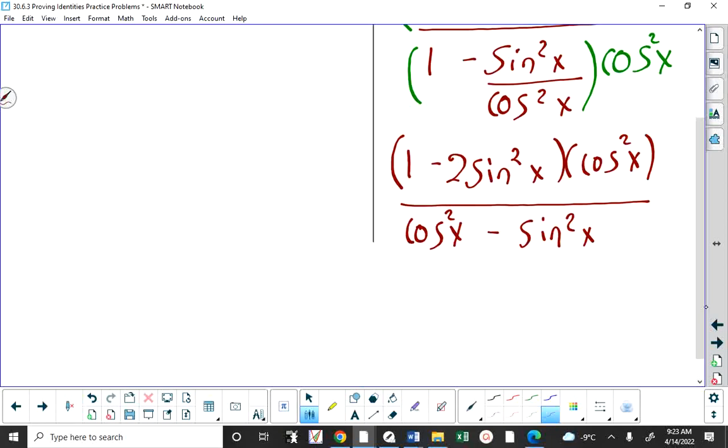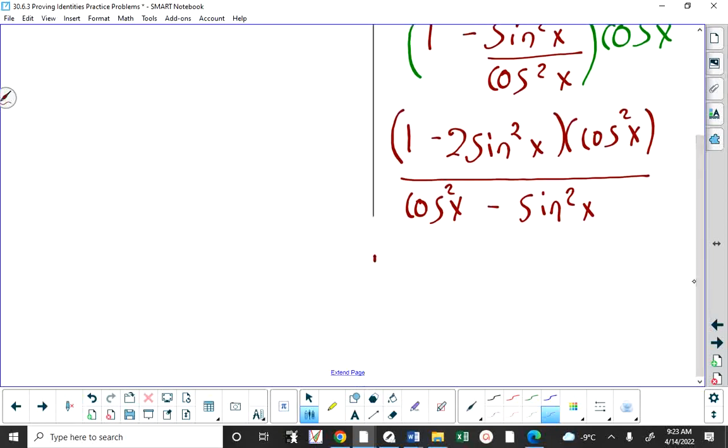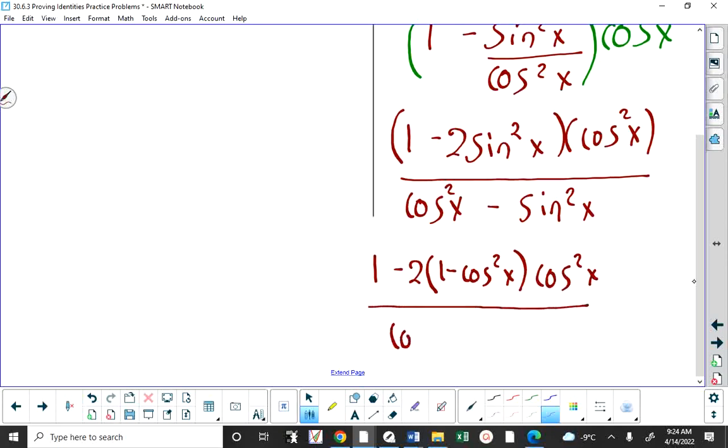So what I'm going to have is 1, this is going to get a little messy, minus 2 times 1 minus cos squared times cos squared, and it's over cos squared of x minus sine squared of x, which is 1 minus cos squared of x.